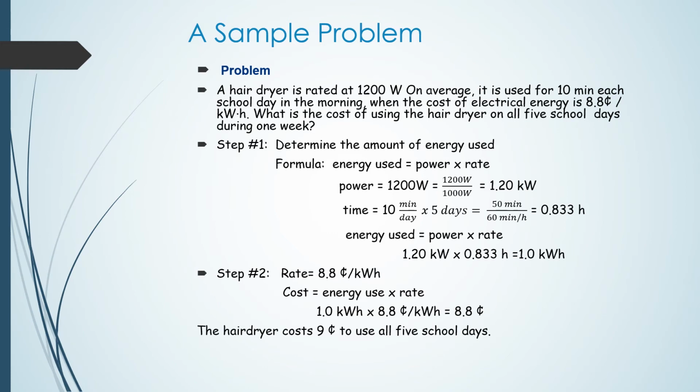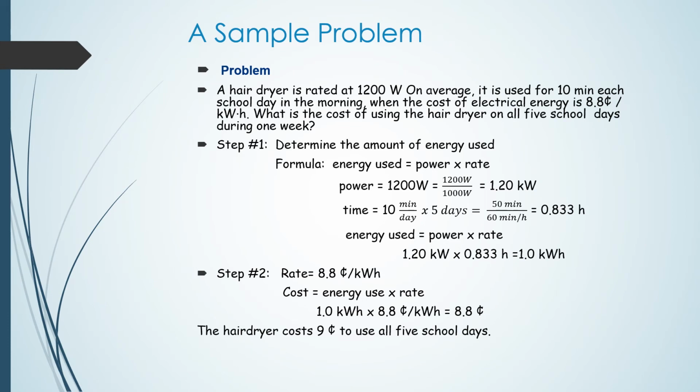Now we convert time from minutes for 5 days to hours, and we get 0.833 hours. So energy used is power times time. So 1.2 kilowatts times 0.833 hours is 1.0 kilowatt hours. That's the amount of energy that was used.